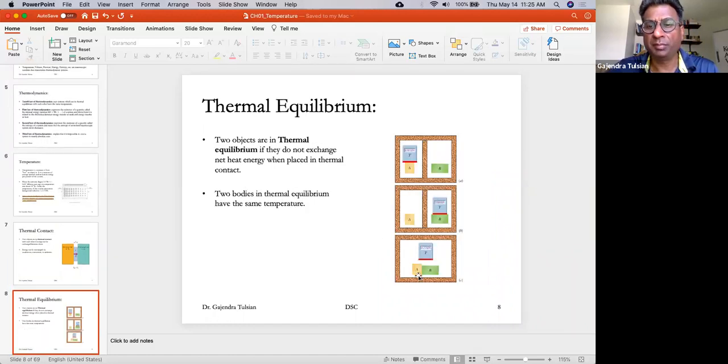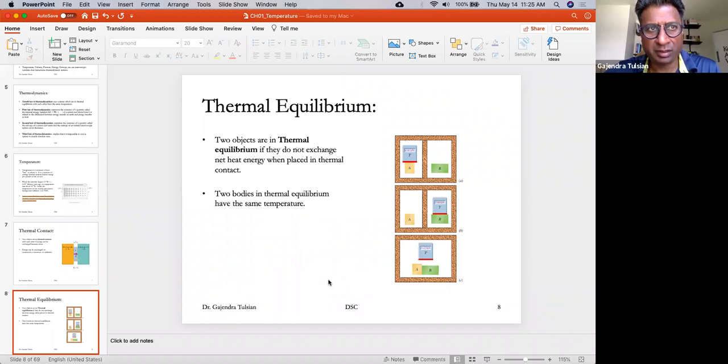Thermal equilibrium: if two objects are in thermal contact, they're able to exchange heat energy. But if there's no net exchange of heat energy, then you're in thermal equilibrium. And if you're in thermal equilibrium, that means you're at the same temperature. So for instance, every inanimate object in the room you're in is in thermal equilibrium. It's all at the same temperature.